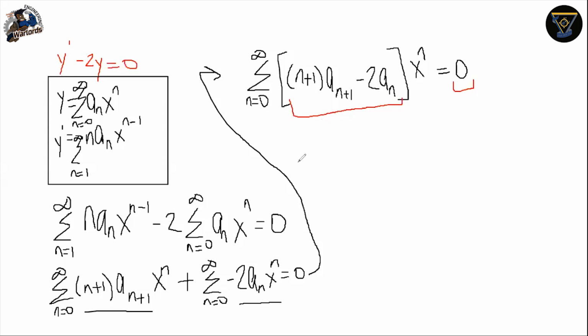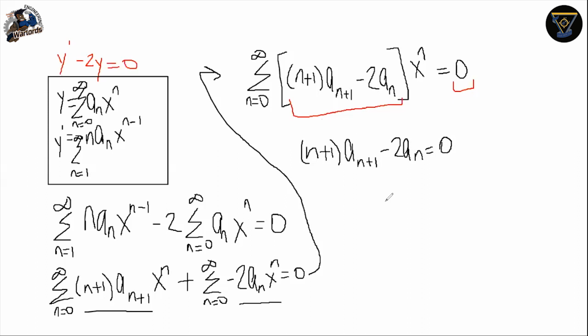So we need to equate now. So what we're saying is that n plus 1 a to the n plus 1 minus 2 a to the n is equals to 0, right?